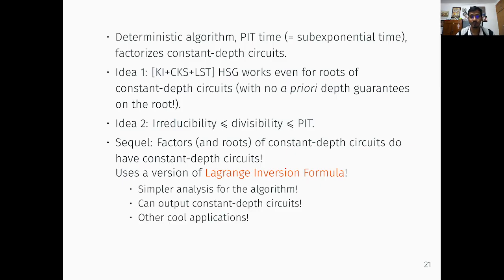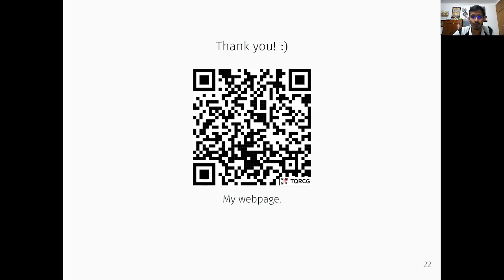As a consequence of this structural result, we end up getting a simpler analysis for the algorithm, and stronger guarantees, wherein we can show that the deterministic algorithm outputs constant depth circuits for each of the factors. And we also get a bunch of other cool applications.